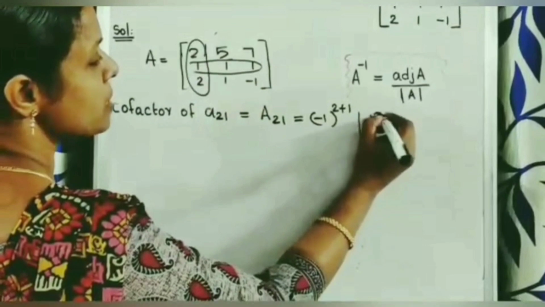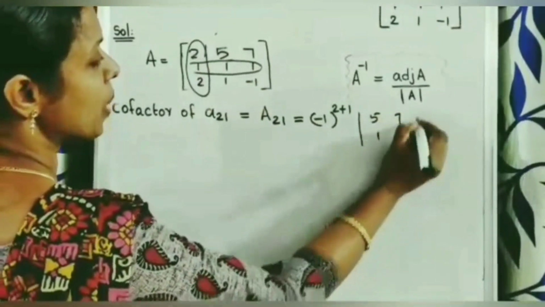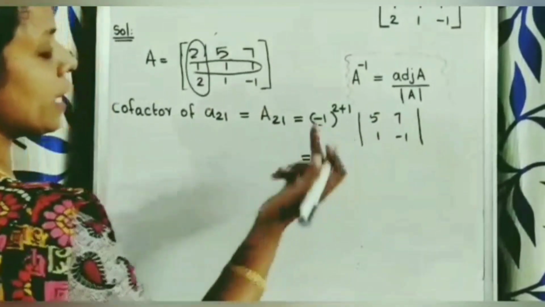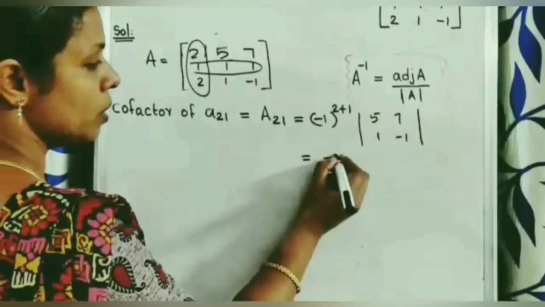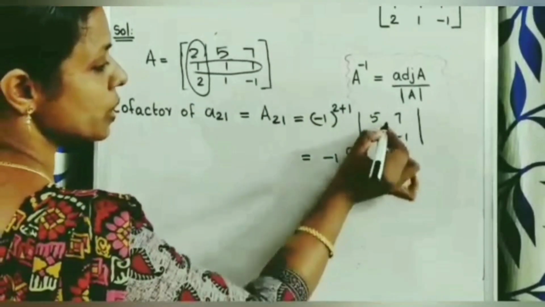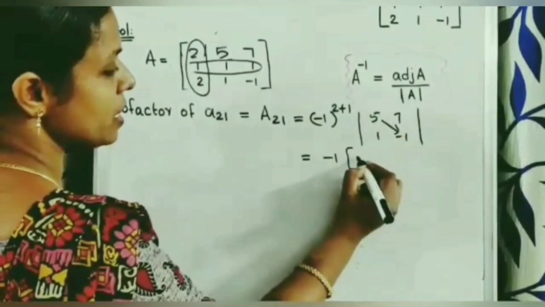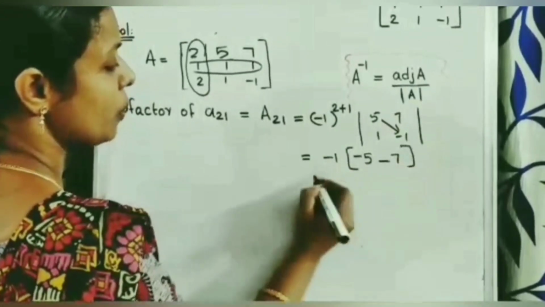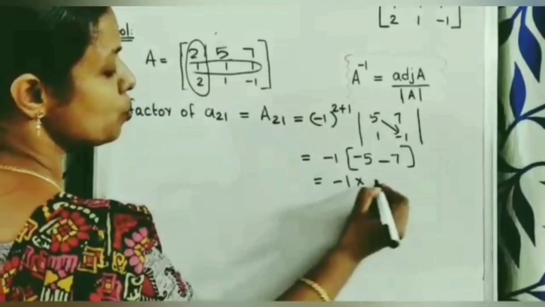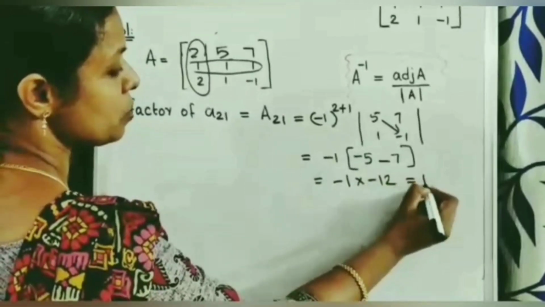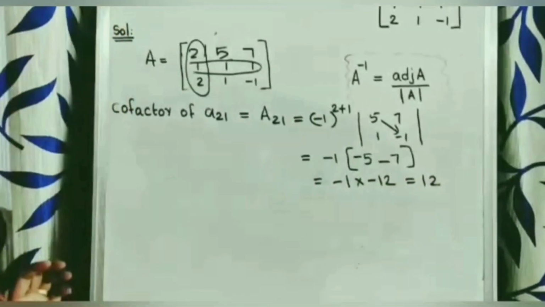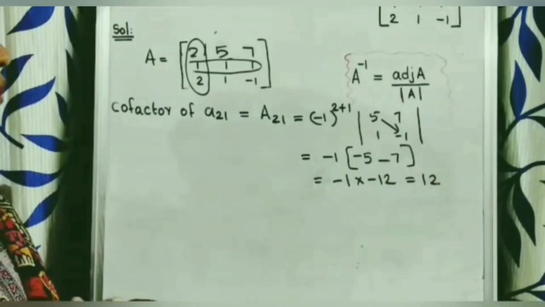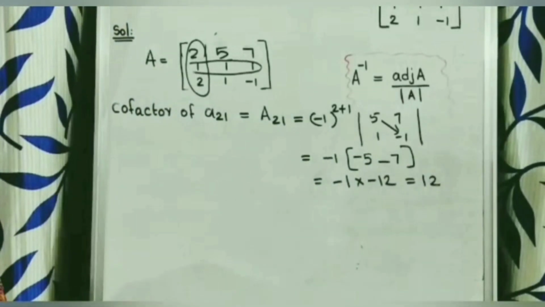Determinant 5, 7, 1 minus 1. That is equal to. Here negative 1 whole cube is negative 1. Negative 1 into here 5 into negative 1 is negative 5 minus 1 into 7 is 7. Now we get negative 1 into negative 12, that is equal to 12. Now we get cofactor of A21, that is cofactor of 1, is equal to 12.